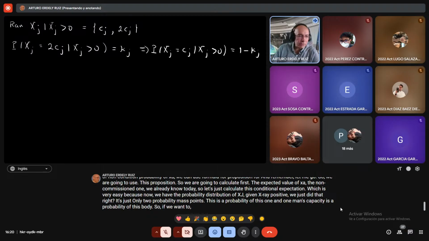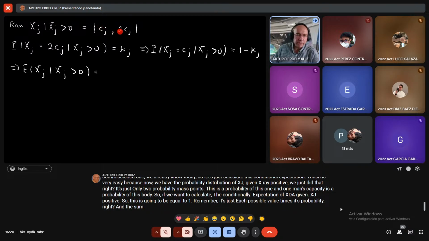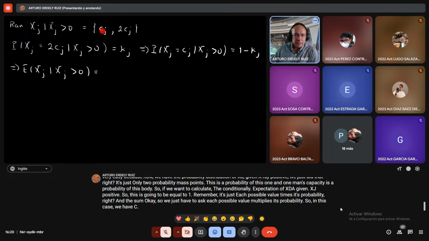So if we want to calculate the conditional expectation of xj given xj positive, this is going to be equal to what? Remember, it's just each possible value times its probability, and the sum. So we have Cj multiplied by this value and 2 times Cj multiplied by this value.